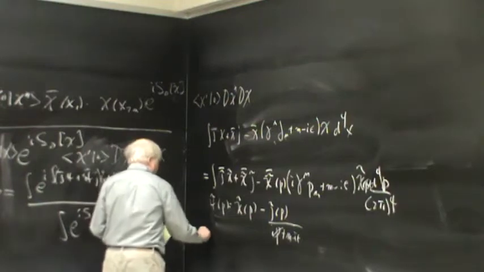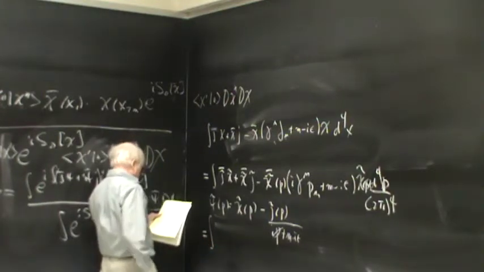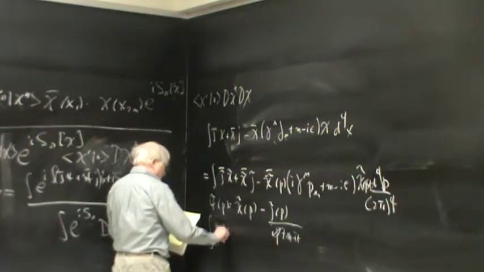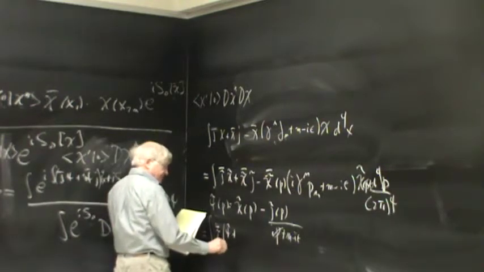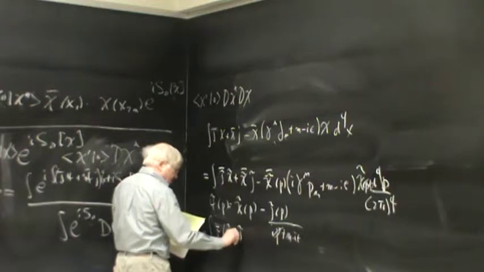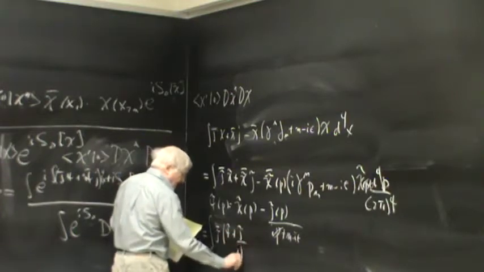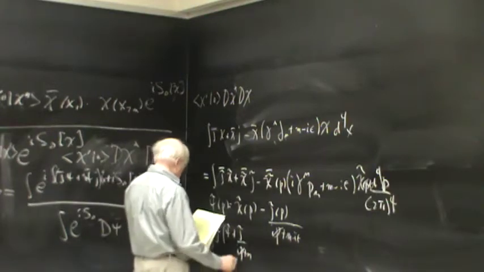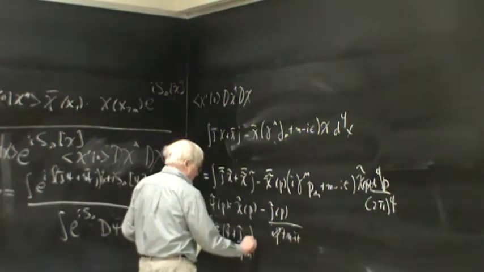And when we do that, what we get here is the integral of j tilde bar, psi tilde plus j tilde over i p-slash plus m. I'm going to leave out the i epsilon.